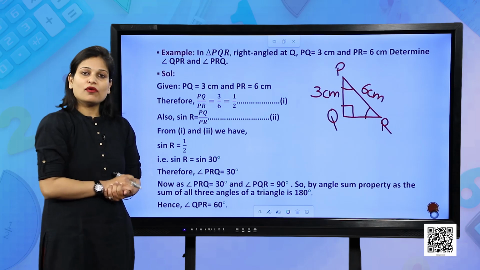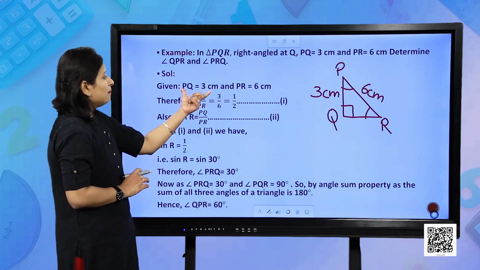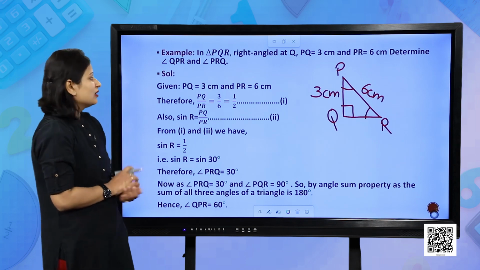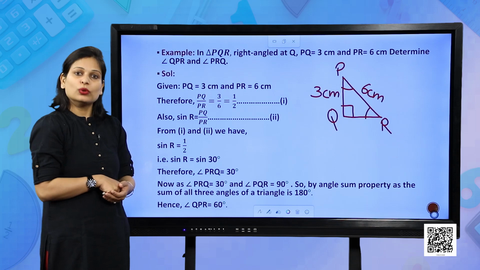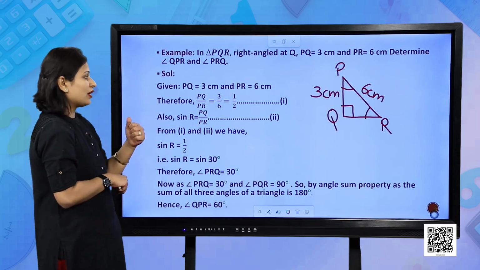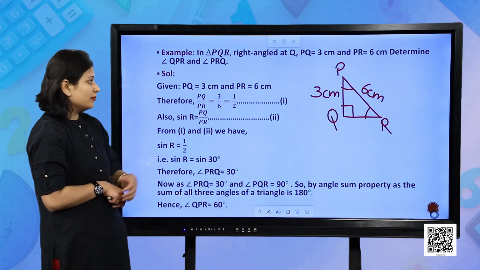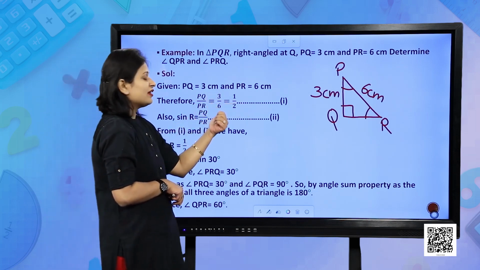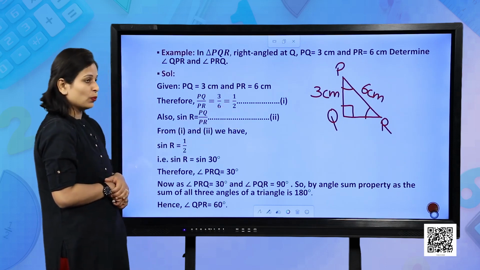So, how will you calculate these angles? Now, see, given PQ as 3 centimeter and PR as 6 centimeter, two sides are known to us. When I divide PQ upon PR, that means 3 divided by 6, you will get half, 1 by 2.